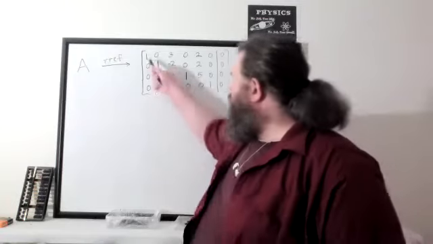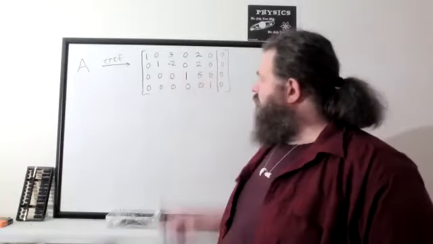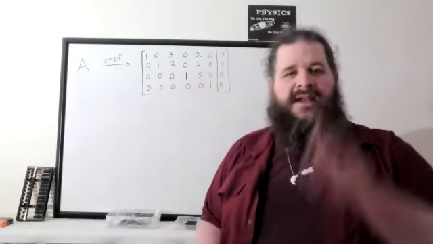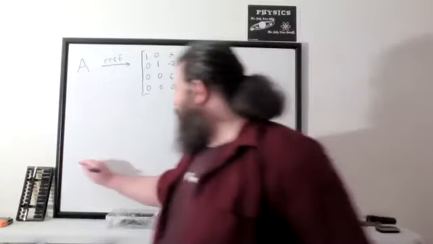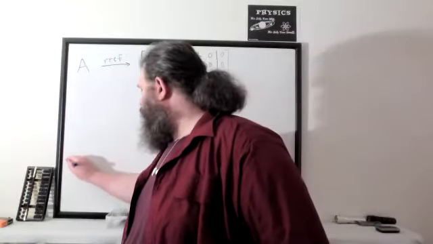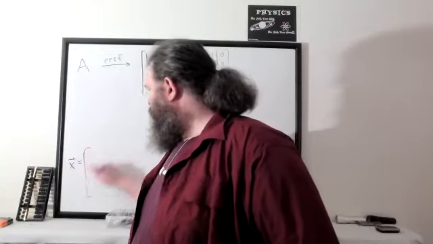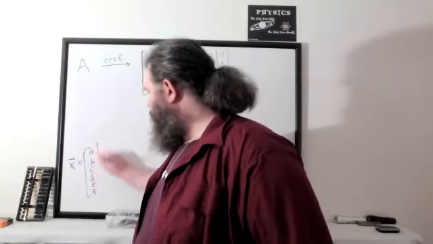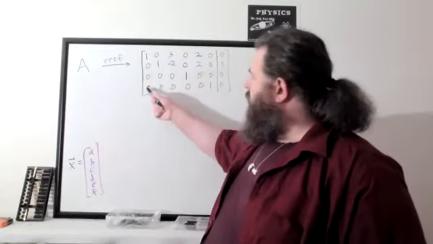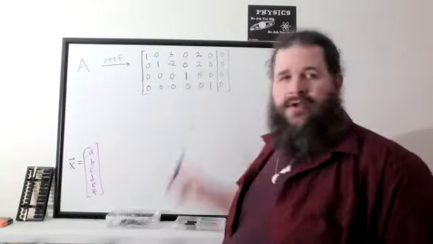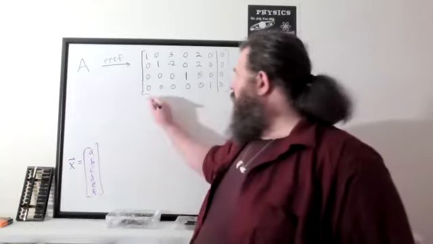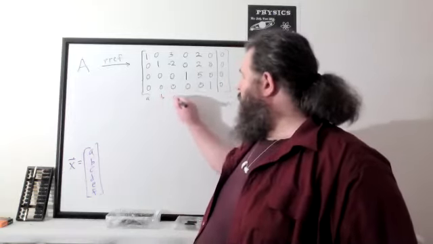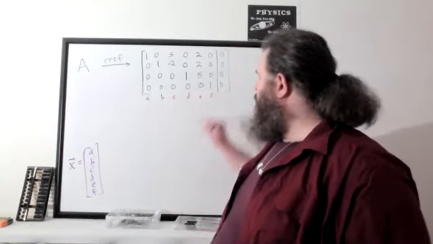Since this is 1, 2, 3, 4, 5, 6 variables, x is going to be a 6 by 1 vector. Let's say vector x is A, B, C, D, E, F. So that means each one of these columns can be treated as the coefficient of one of those variables: coefficients of A, B, C, D, E, and F.